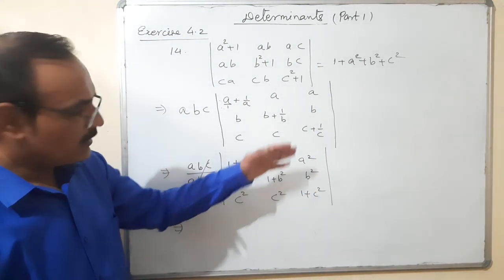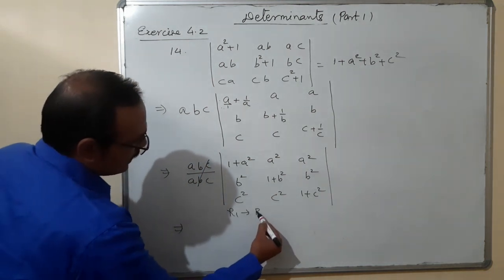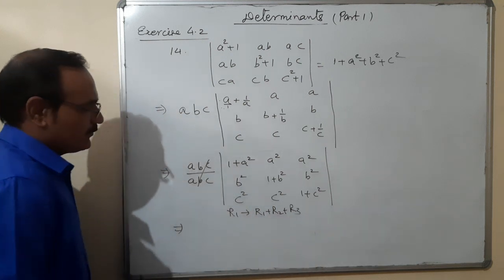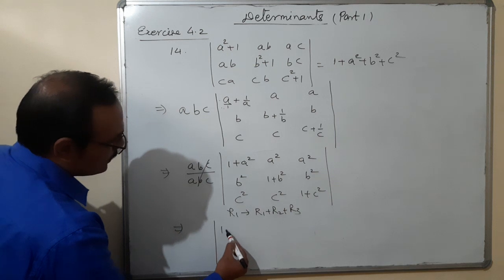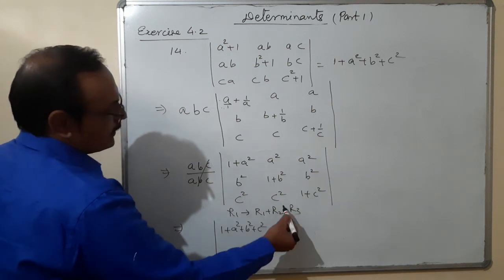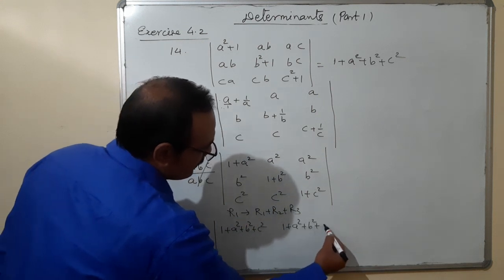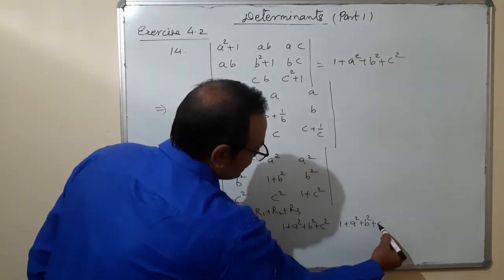What should I do? R1 is replaced by R1 plus R2 plus R3. If I replace R1 by R1 plus R2 plus R3, it is 1 plus A square plus B square plus C square in every entry of the first row.